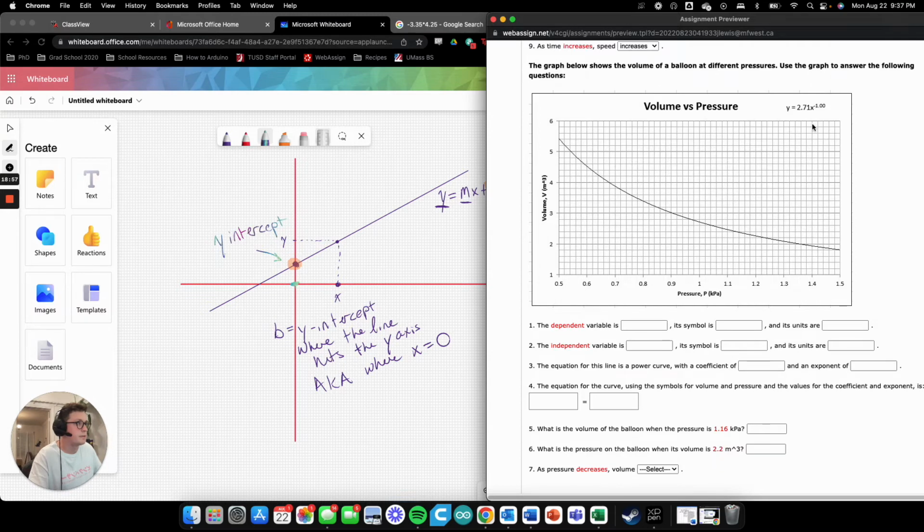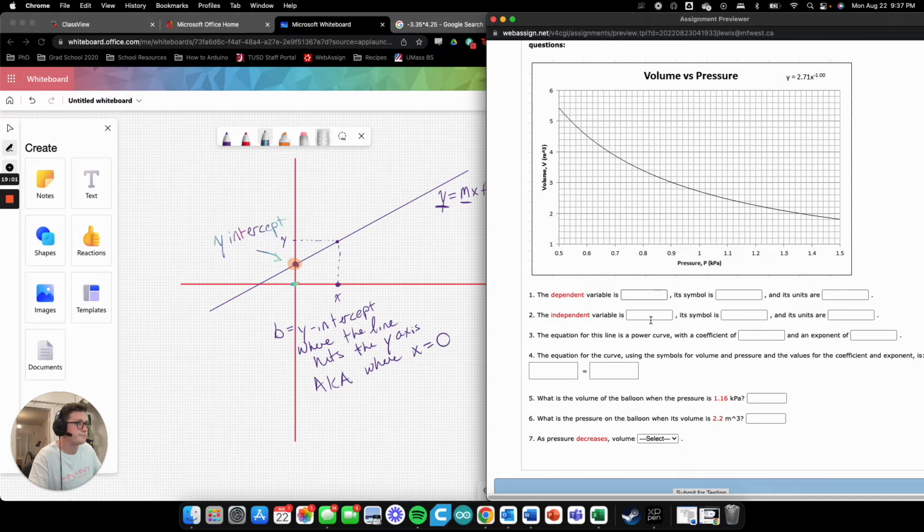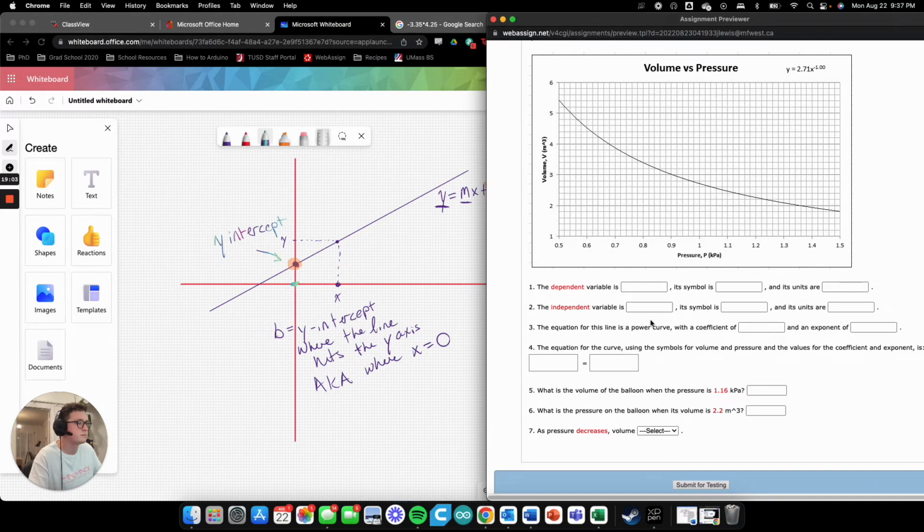Ooh, it's an exponential function here. Is that a log? It's not. I mean, no, it's not a log. I'm not that good at math. All right, dependent variable: that is volume. Its symbol, oh, I can't read, it's past my bedtime.